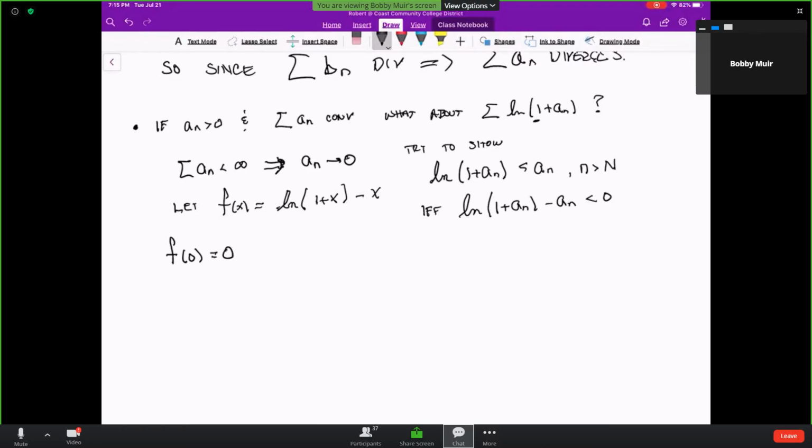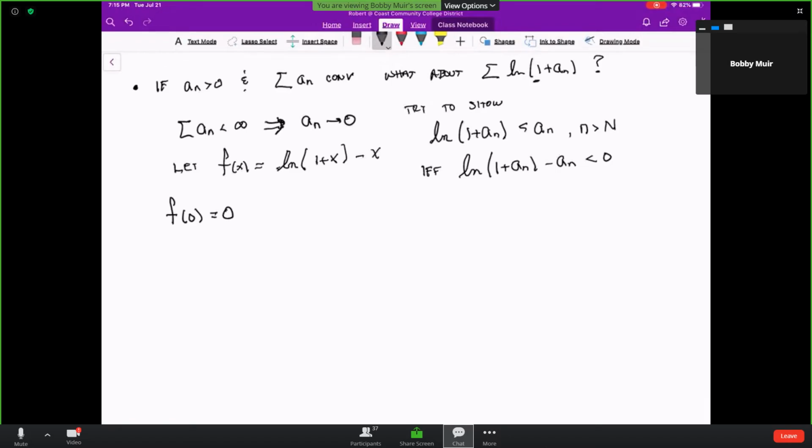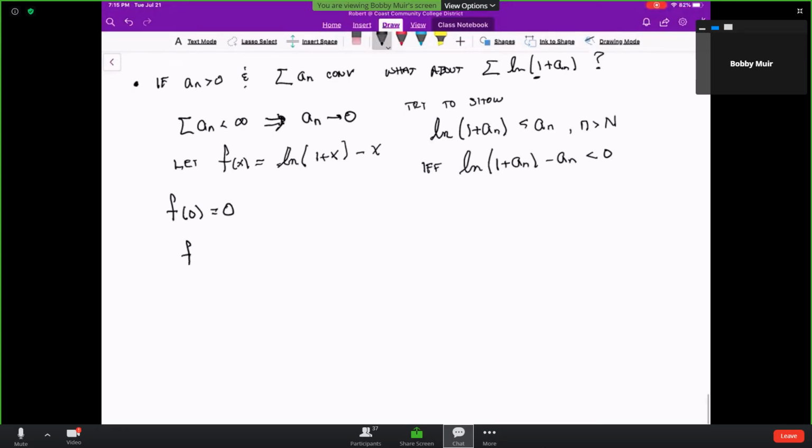Now, if we're going to try to show that this thing is negative, it's already starting at 0. So what do you say we look at f prime of x? Why would you look at f prime of x? Well, if the function is increasing or decreasing, we can get that information out of f prime of x, right? Remember, if f prime is positive, you're increasing, and if f prime is negative, you're decreasing.